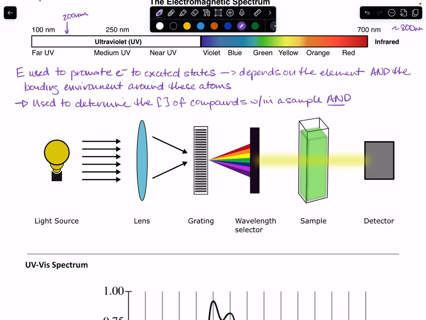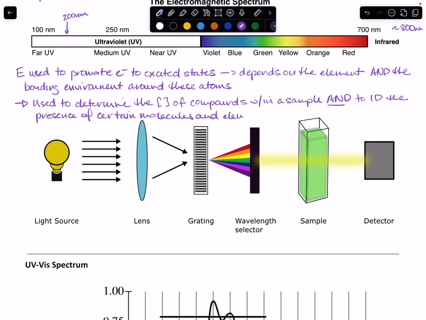And the other thing, well, there's many things, but to identify the presence of certain molecules and elements.